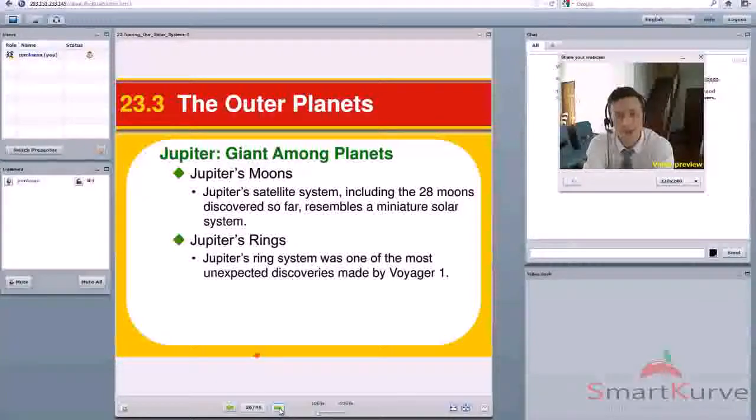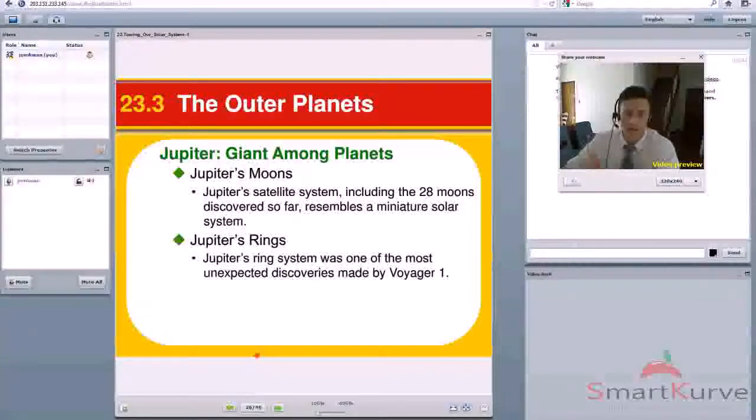Large cyclonic storms similar to the Great Red Spot occur in Saturn's atmosphere. So Saturn, if you look at that picture on slide 29, that's a computer-generated picture, obviously. But the surface of Saturn, it looks much calmer than Jupiter.